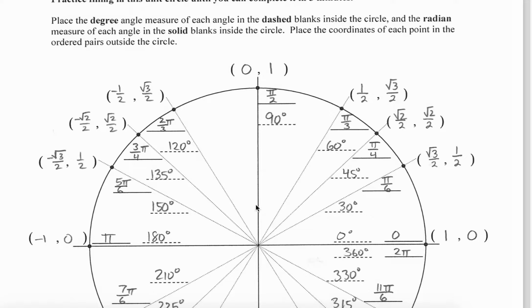We went right 1 unit, but we didn't go up or down. Over here on the y-axis up at the top, we would get there by opening up an angle 90 degrees, or pi over 2 radians. The coordinate straight up for the unit circle with a radius of 1, we didn't go left or right, but we went up 1. Over here on the left side of the x-axis, I would get there by opening up an angle 180 degrees, or pi radians.